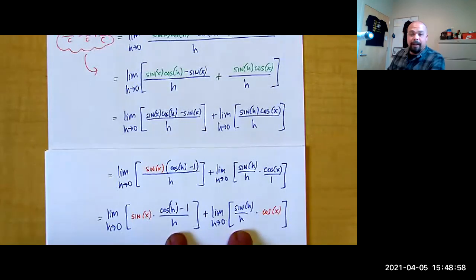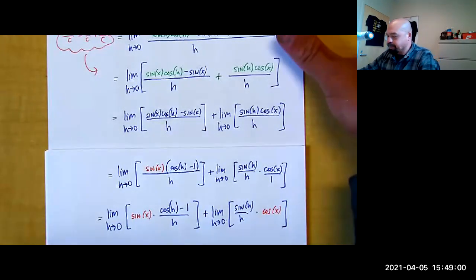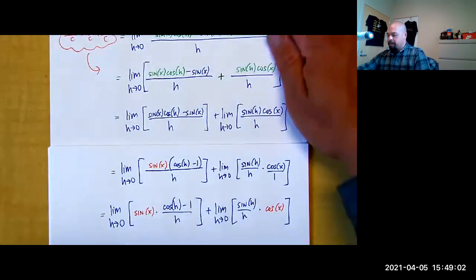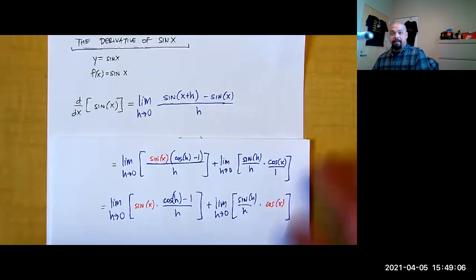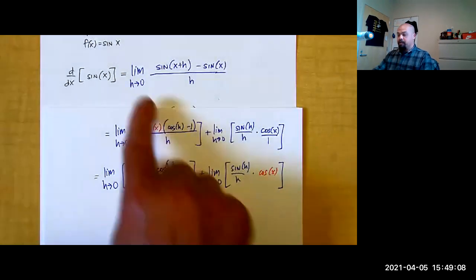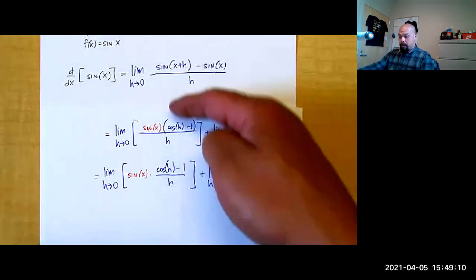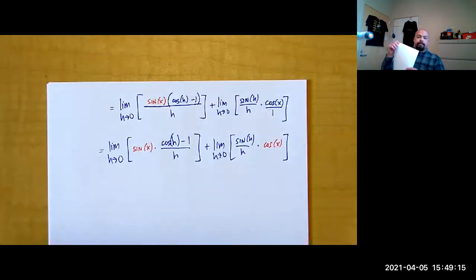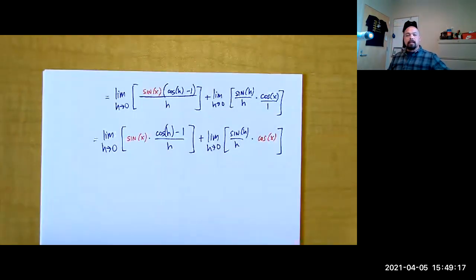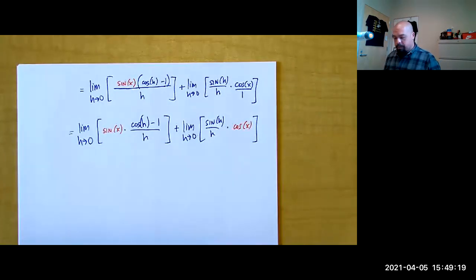I should have these two in red, but that's all right. All that work we had done before in hopes of getting that differentiation rule for sine, we had done that work, we're down to this stage. Now, as we go through, again, a little bit longer step here just for the sake of discussion.